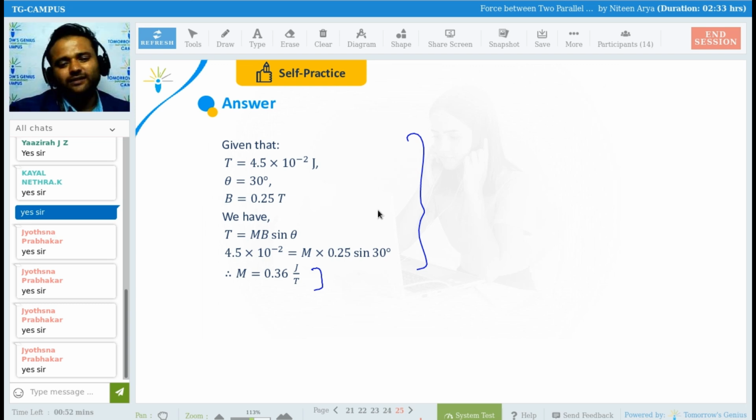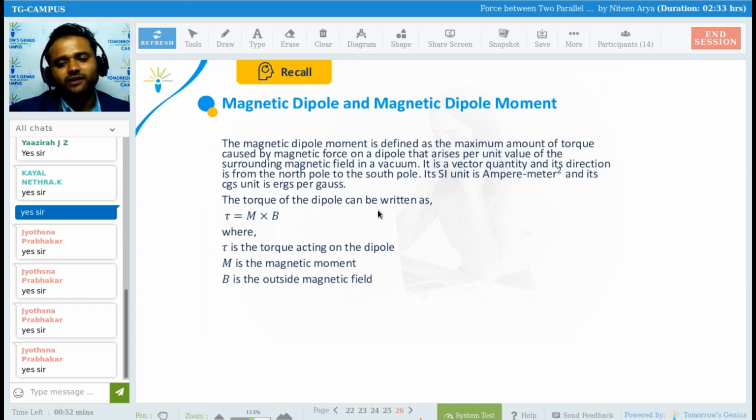You can put it into the formulas and get the solution after the class. I mean, recheck this. Now this is very important: magnetic dipole and magnetic dipole moment. We already did this, but let's revise it for the next slide.